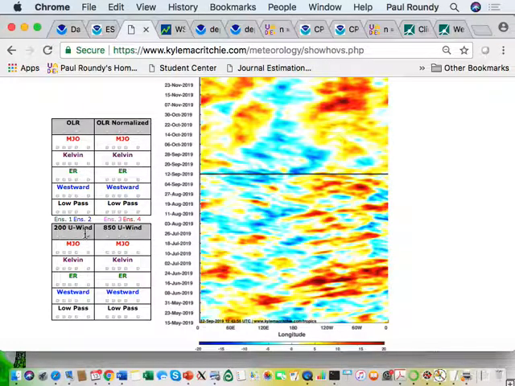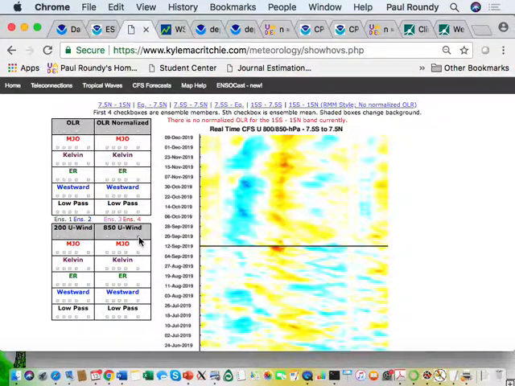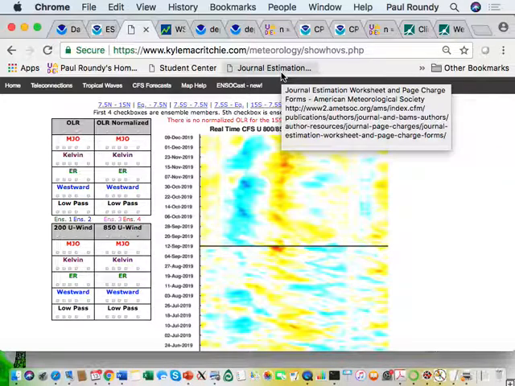If we look at the low-level flow here, we see there are westerlies here, and then they advance eastward across, and they come back. But look, in the model, they don't cross, at least in the net, they don't produce a net reversal of the winds over the Indian Ocean or the Western Pacific. And the reason, of course, is the basic state right now is becoming stronger than the subseasonal condition.